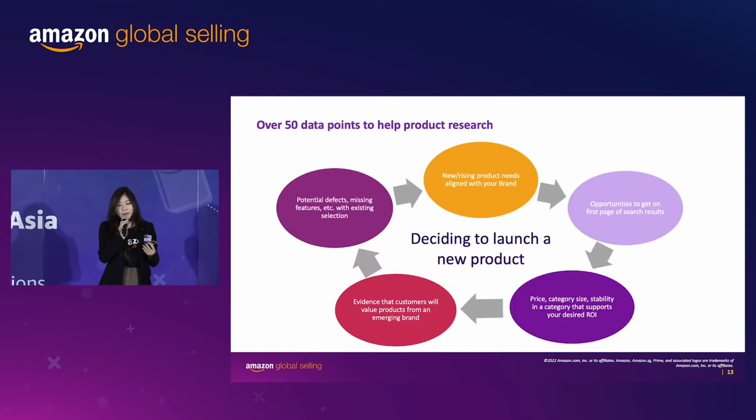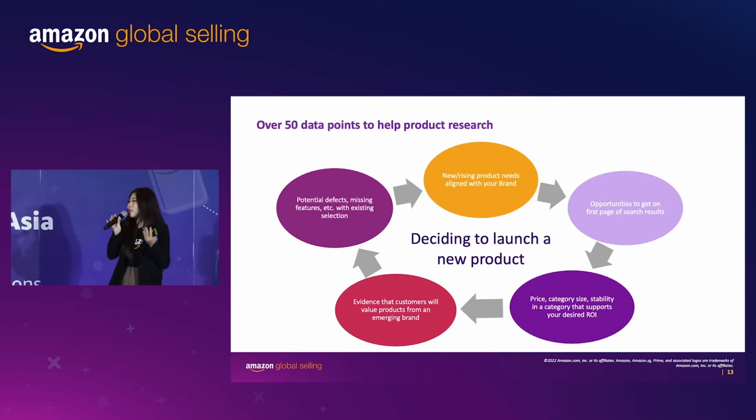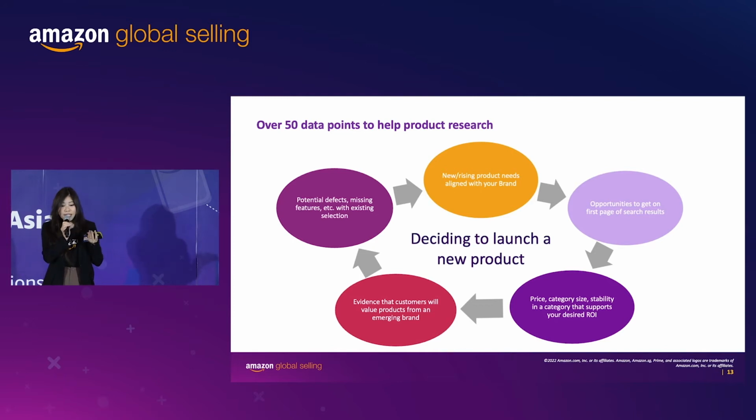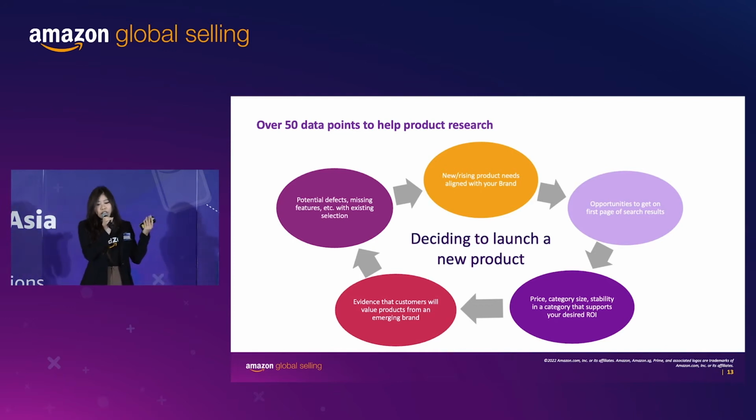As I've always mentioned, data is key in product research, as we provide you with over 50 metrics, and the list is constantly growing, and you can request all these metrics directly on Seller Central. Search volume and search conversion are provided to help you identify new and rising product needs. Product level search clicks, bestseller rank and review data can help you benchmark versus the top researched product.